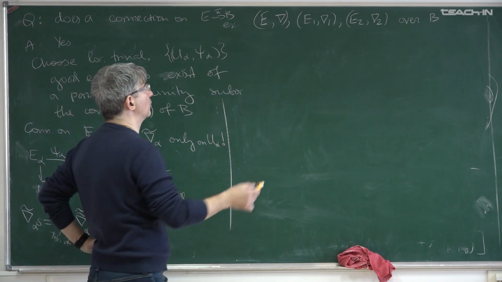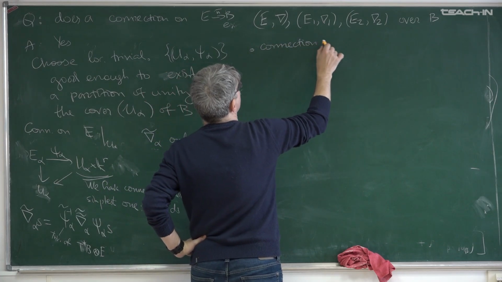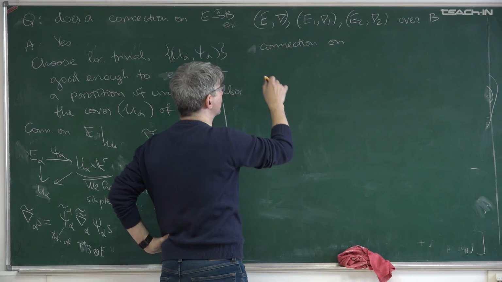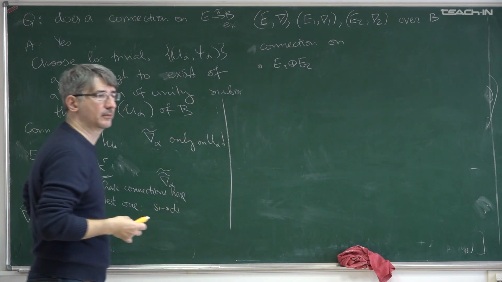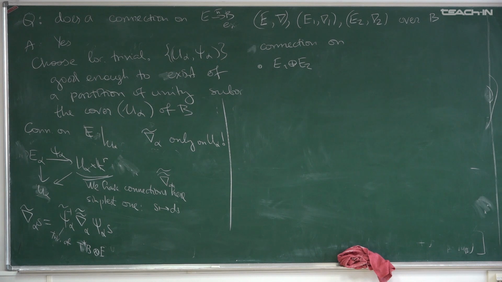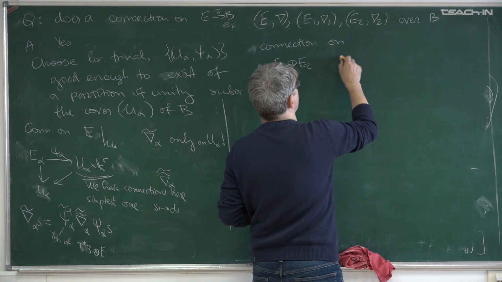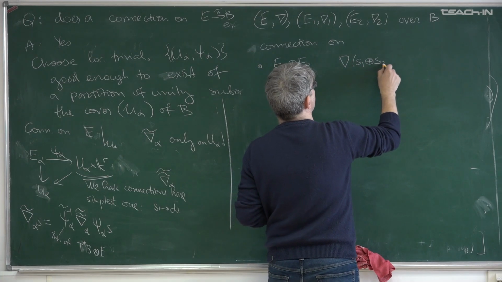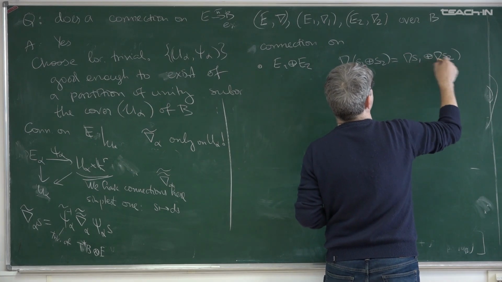So let us start with a simple question. Connection on, and now we give a list. If I take the Whitney sum of two vector bundles, what do you think I use as a connection on this Whitney sum? Component-wise. Yes, because a section of this object is two sections, here and here. So nabla of S1 plus S2 is just nabla S1 plus nabla S2.